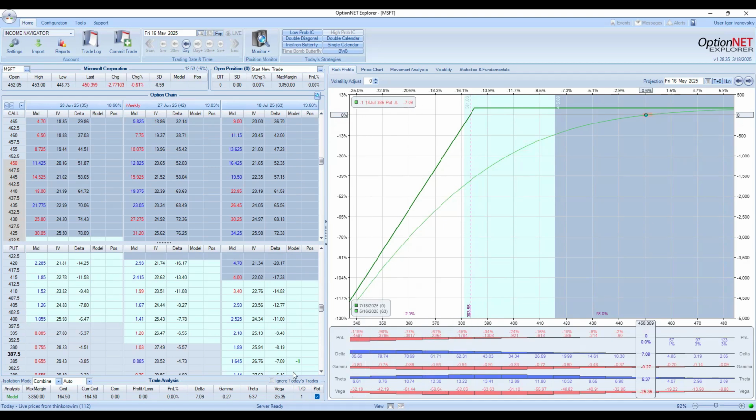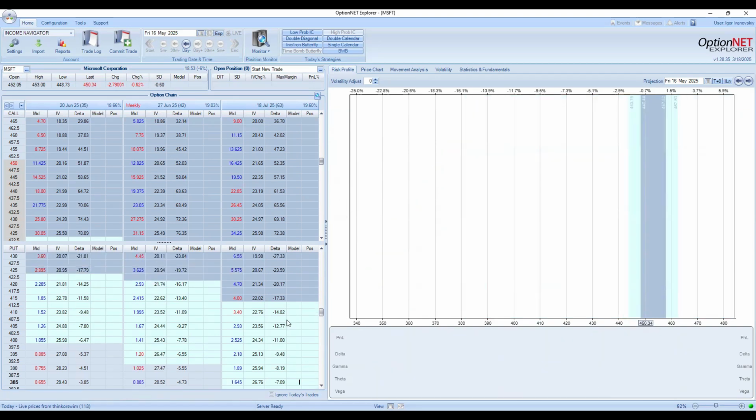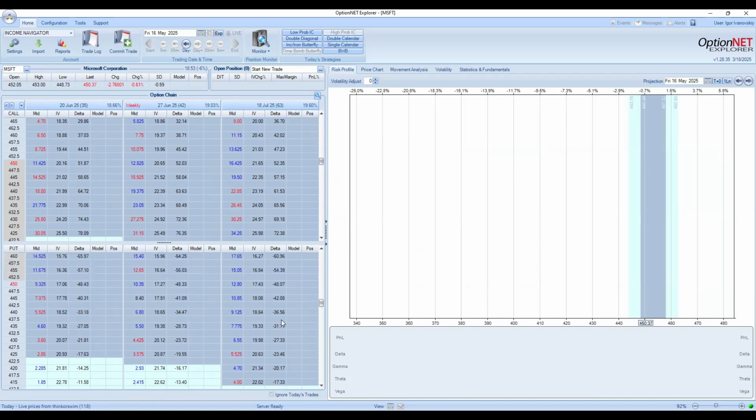Now, you don't have to go this far out, right? Because you may say, well, even though the probability is great, I don't want to make just $165. I would be willing to take a little bit more risk. So let's see, stock is at 450.